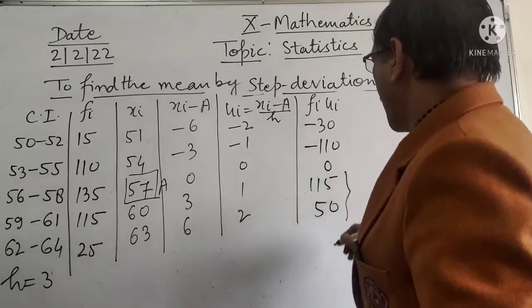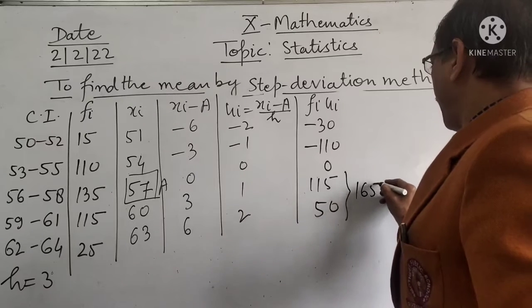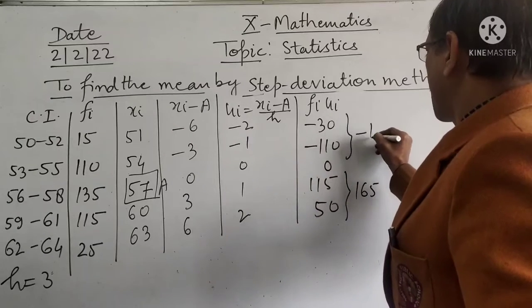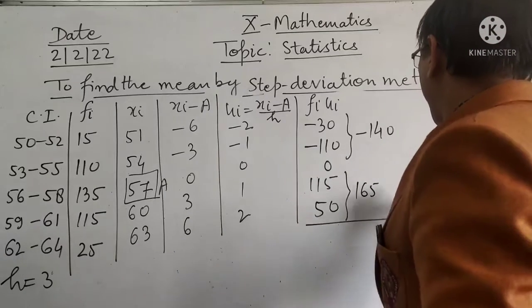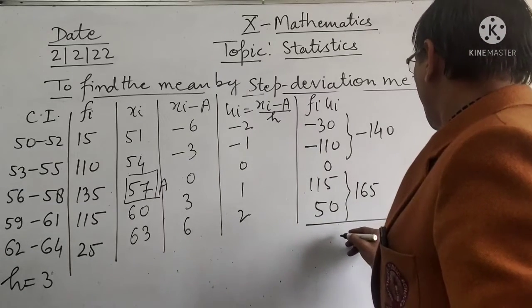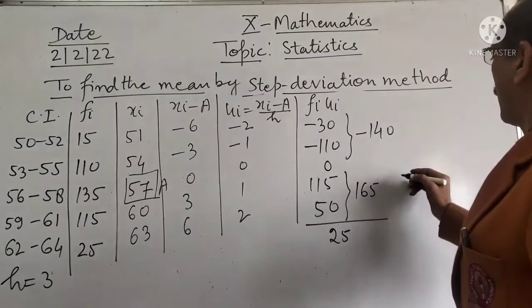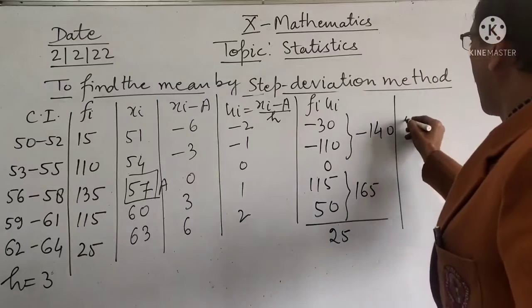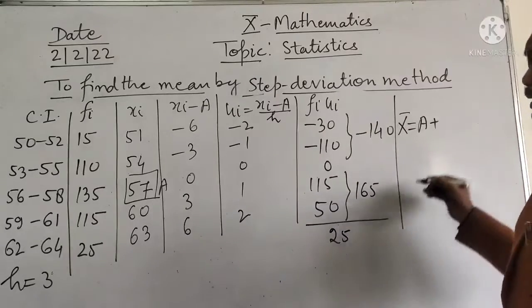Now the addition of the plus values is 165 and the minus is minus 140, and their difference is plus 25.